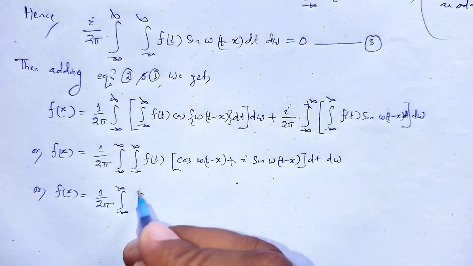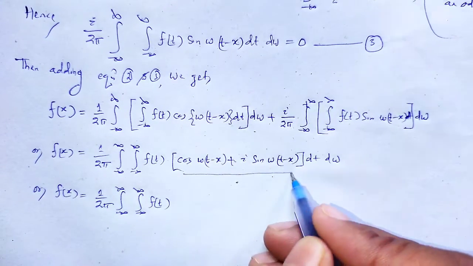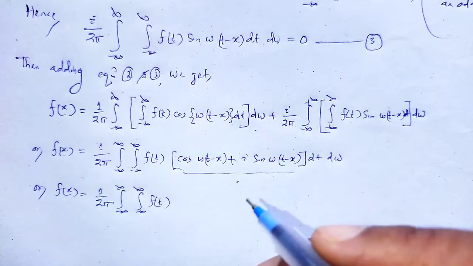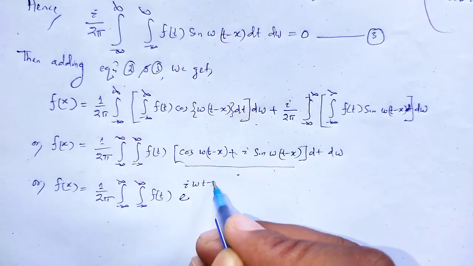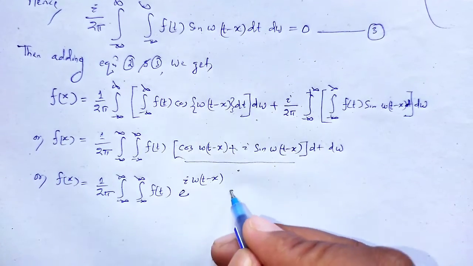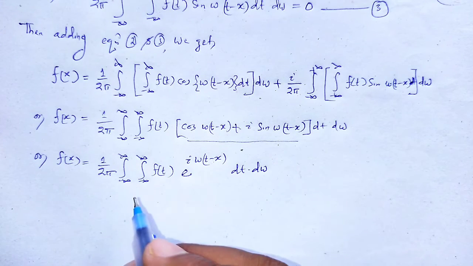Or f of x is equal to 1 by 2 pi integral from minus infinity to plus infinity, minus infinity to plus infinity f of t, representing cos theta plus i sin theta in the form of e to the power i omega of t minus x, dt d omega.